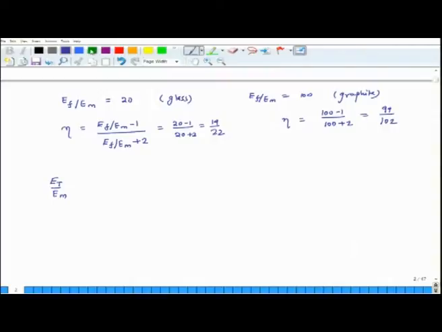Now we compute the value of E_t over E_m, and first we do it for volume fraction V_f equals 10%.